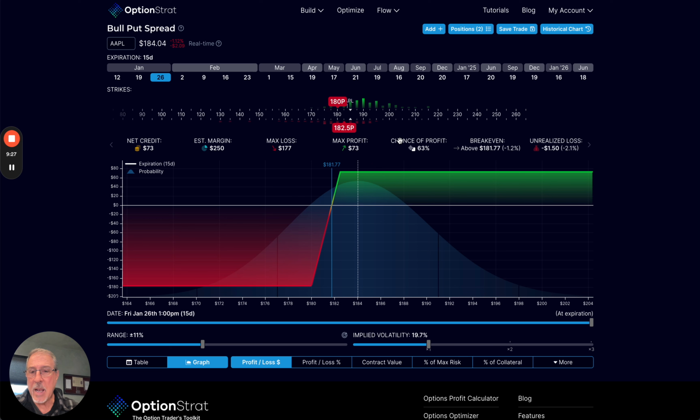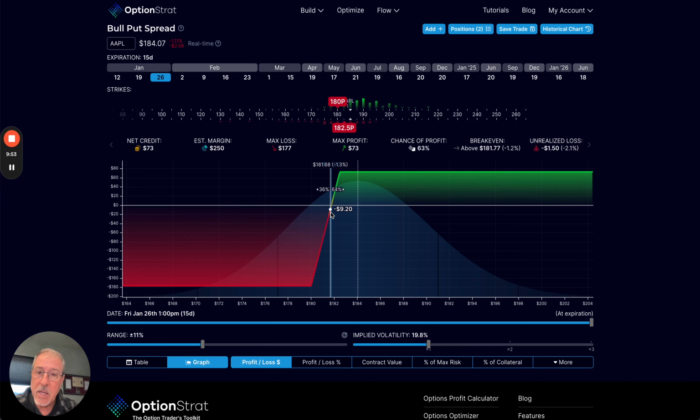Well, I think I like this one actually a little bit better. And yes, I am closer to the money at this point. My break even is just a little below 182. So in actuality, I need Apple to really kind of hold up above that 182 point in order for this to remain a profitable position. So I'm certainly taking some risk there. I get that.